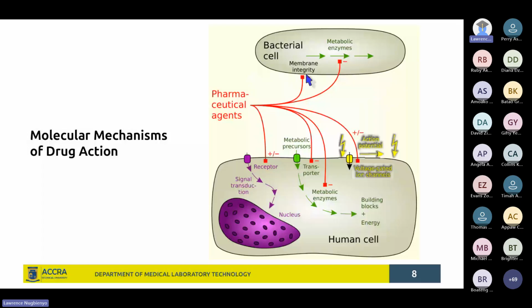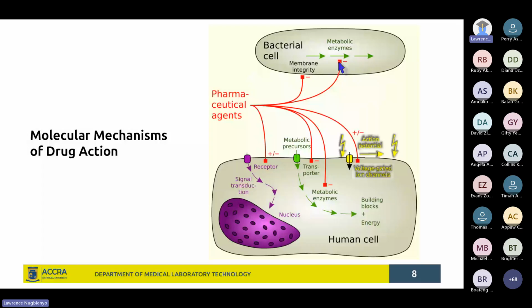Another thing is what you refer to as the bacteriostatic effect, where the integrity of the structure of the bacteria is maintained, but the pharmaceutical agent targets a particular metabolic process of the bacteria and goes to inhibit it.